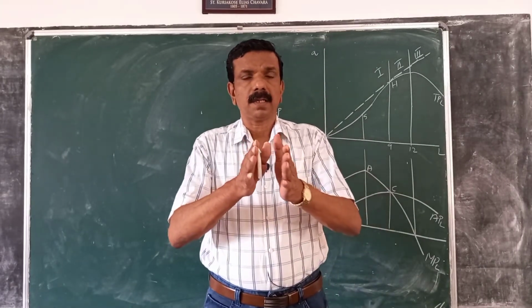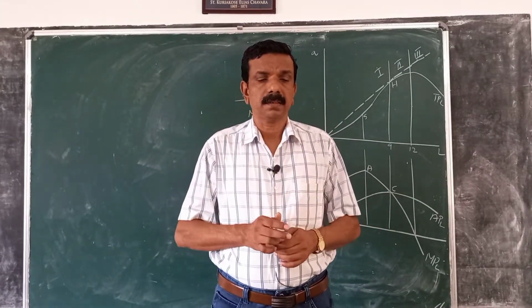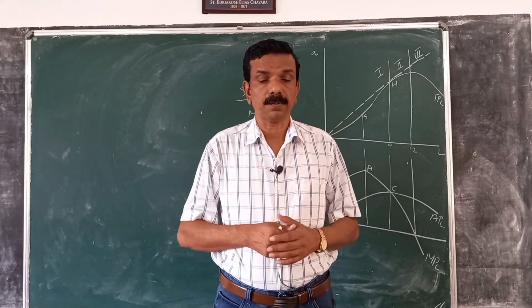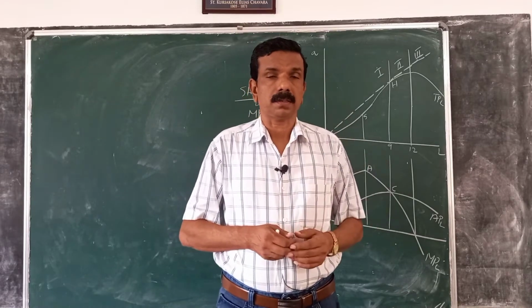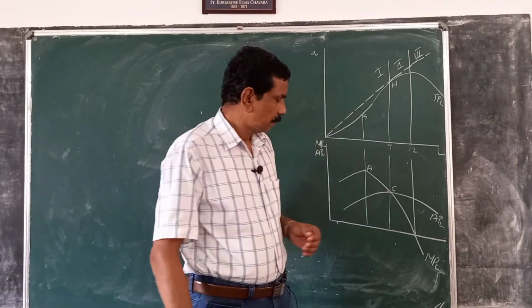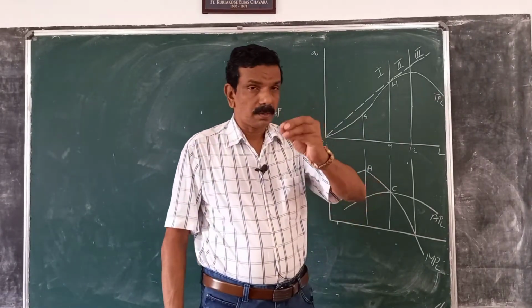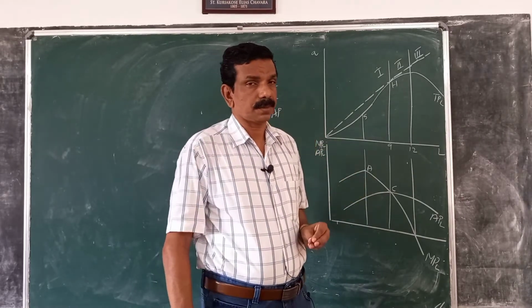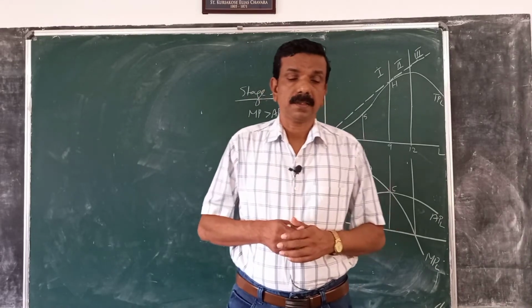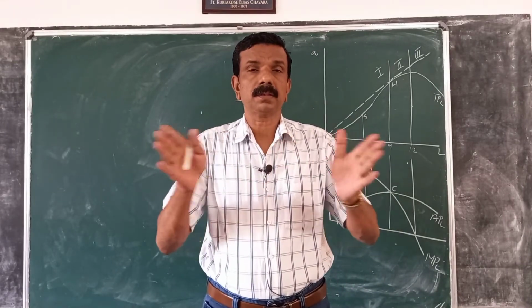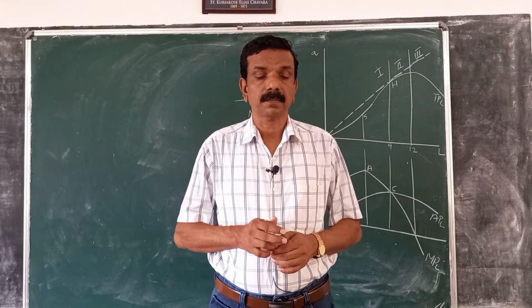And if market conditions dictate such a small level of output, then the firm will not operate in the short run. Suppose that only a small amount of output can be produced, so that the firm is forced to produce in the first stage, then it will not operate in the short run.